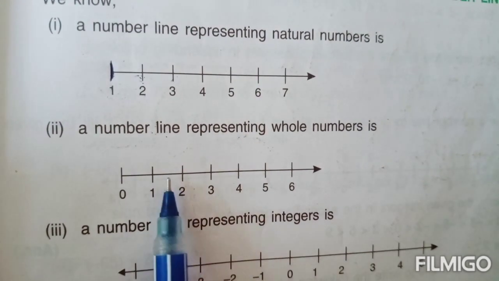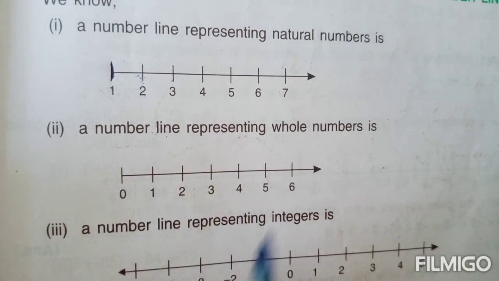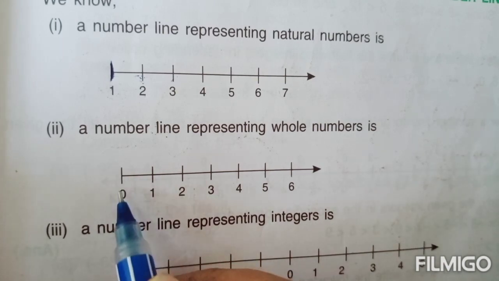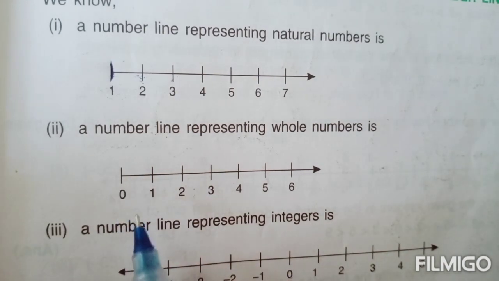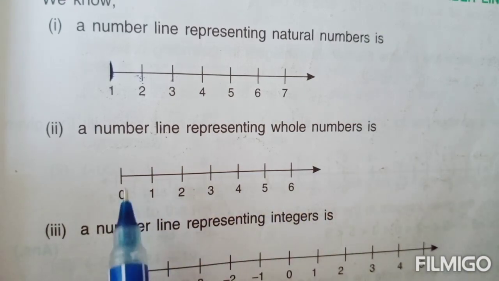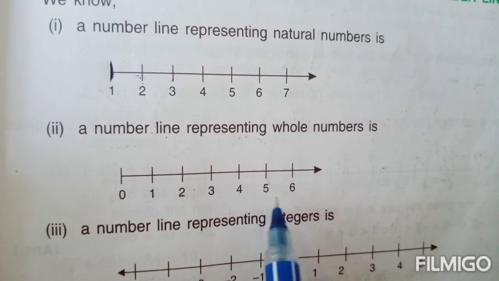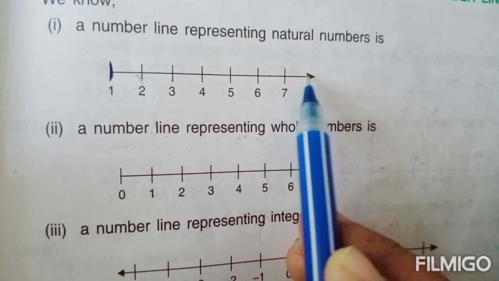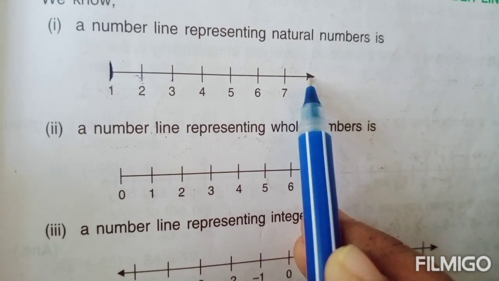Second one, this is a number line representing whole numbers. A whole number starts from 0. So the starting point of this number line will be 0. At equal distances you can mark the other numbers 0, 1, 2, 3, 4, 5, 6, etc. You can see here at the other end there is an arrow mark.